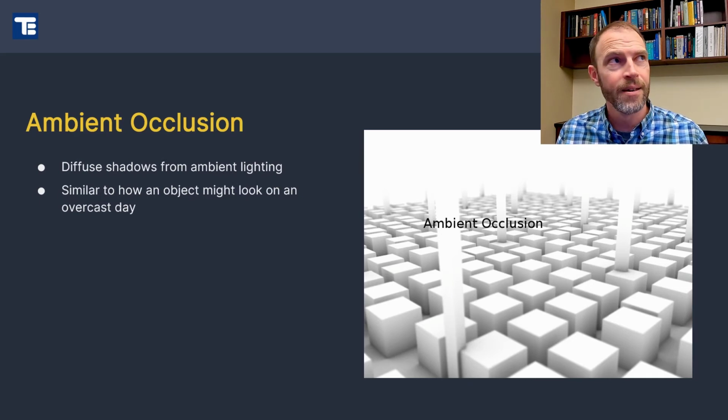So this is like how down in the corner of an object it's darker, or inside of a tube it's darker, because it's sort of diffusely blocking the ambient light that's coming from all over. So this is not a direct shadow technique, but it's more diffuse, and it adds a lot of visual realism. It's similar to how an object might look on an overcast day.